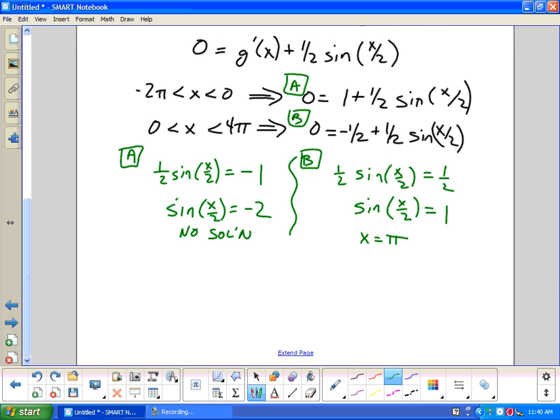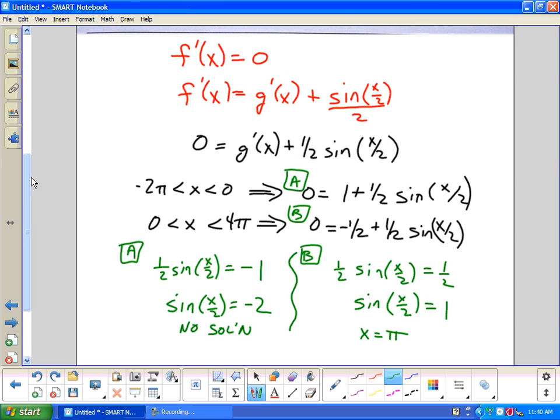Now, what about 0? Is 0 going to be a critical point this time? Slope is undefined for g prime. Do you guys agree? It goes from positive to negative. And what's sine of 0? 0.